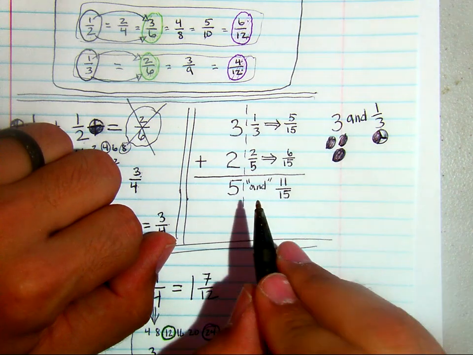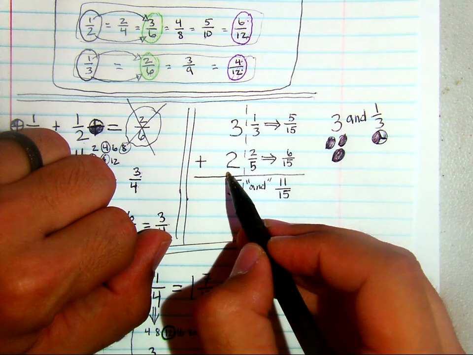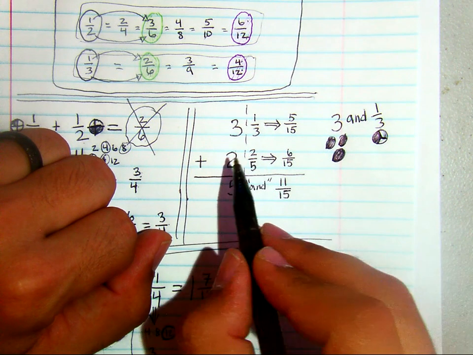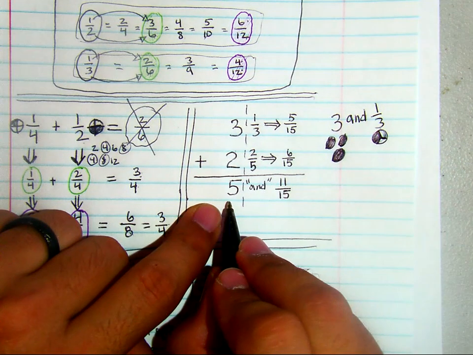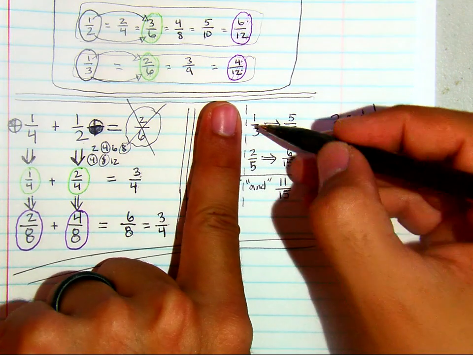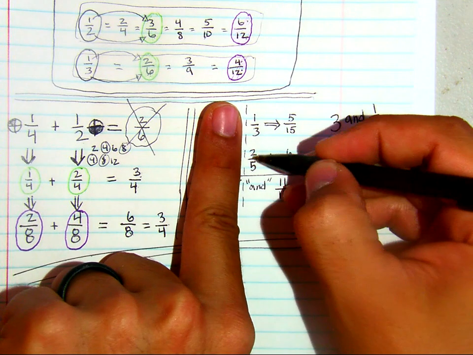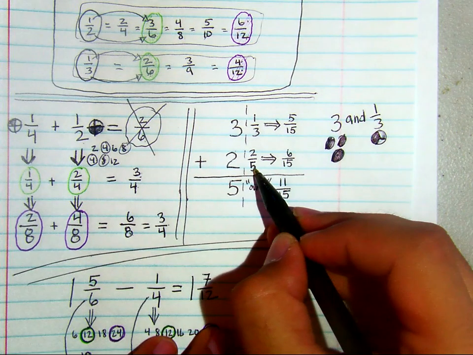Okay? When you have to subtract, sometimes you might have to break a whole to make more pieces, but that's later. Now, what I want to point out is that if you take the whole numbers away for this problem and just look at the 1/3 and the 2/5, the 3 and the 5 have a common denominator of 15.